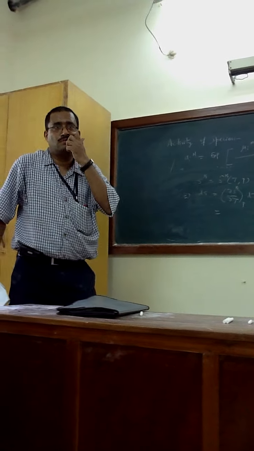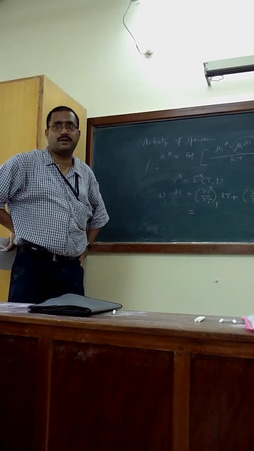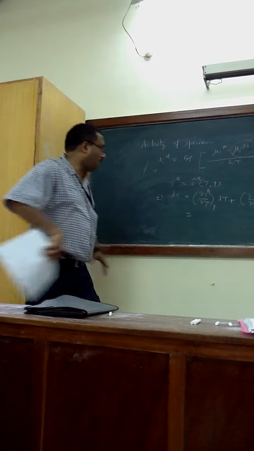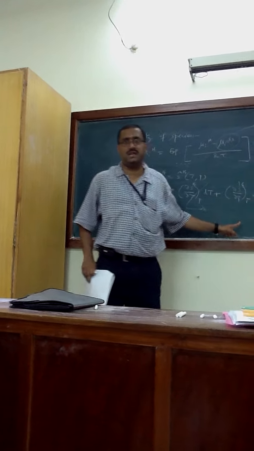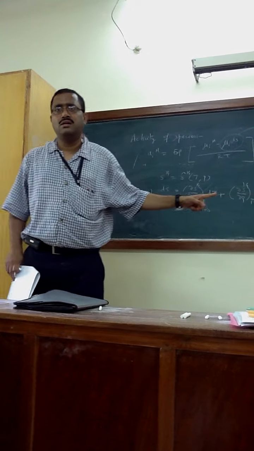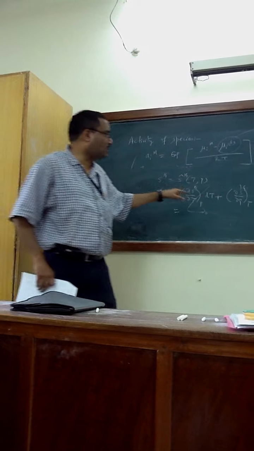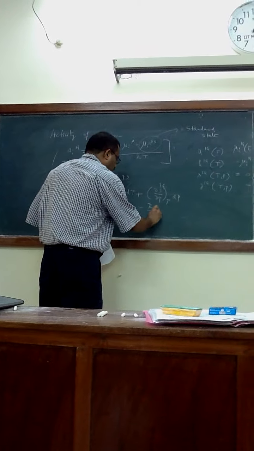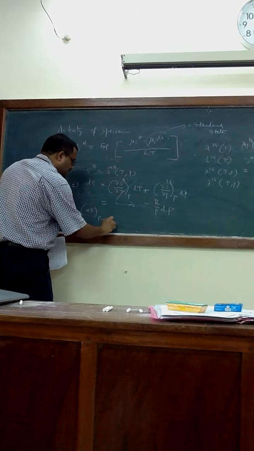Now can you tell me, or again you need something from me? What is dou SIG by dou P? In our case dT is 0, temperature is constant. At least tell me dou SIG by dou P at T. It was done earlier, right? It is minus R by P dP. So what will be the integral of dS from P to P_SS?